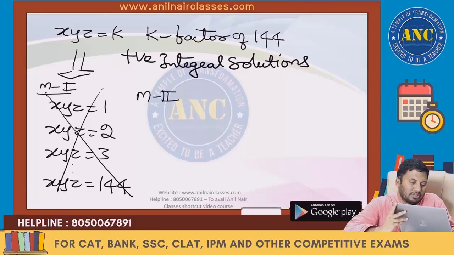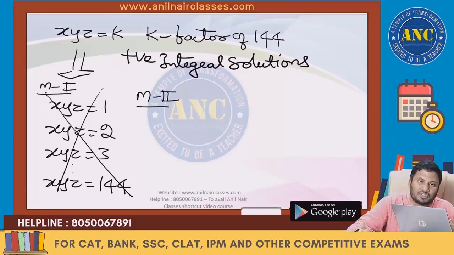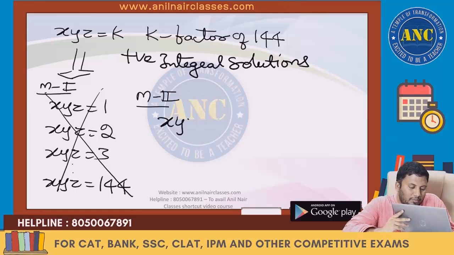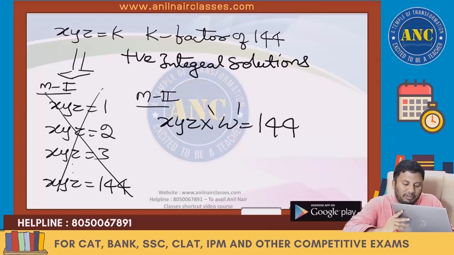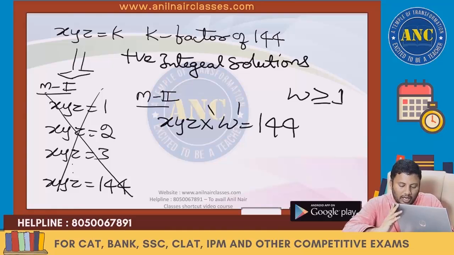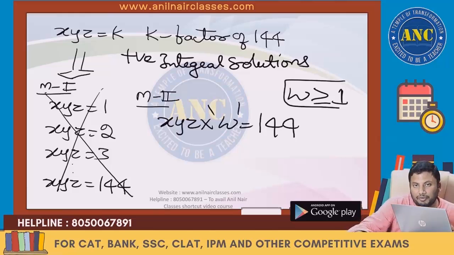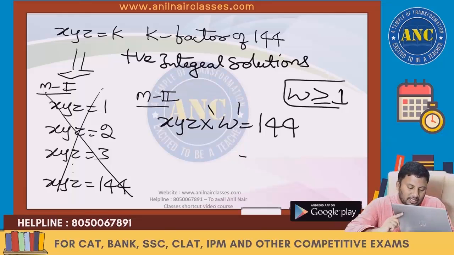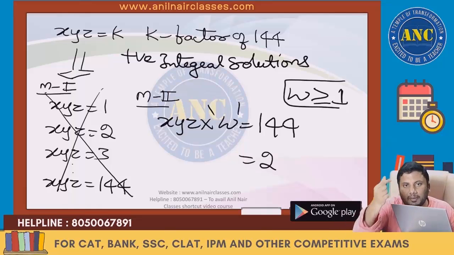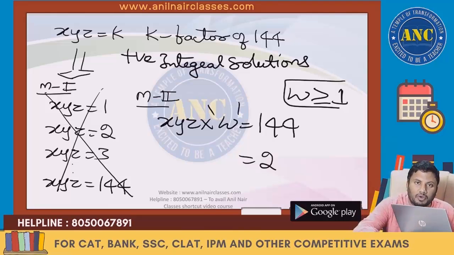Method 2: if x y z is 1, I substitute a dummy variable and I can get 144. W is definitely greater than or equivalent to 1. Am I right? If x y z is 1, W is 144. If x y z is 72, W is 2. So introduce a dummy variable. What we did for less than, we can do for this too.